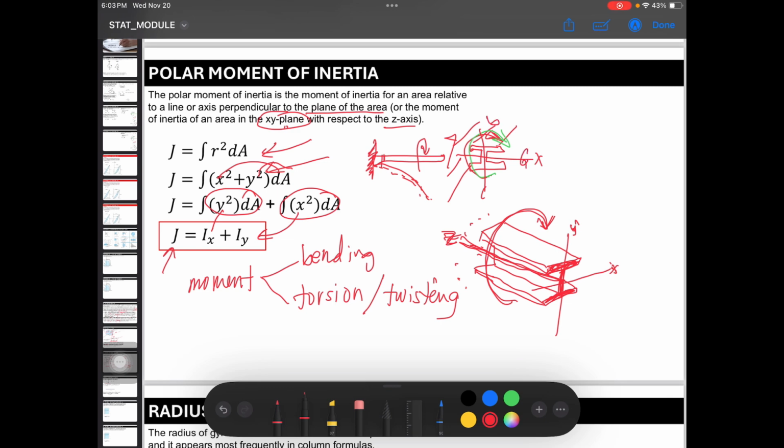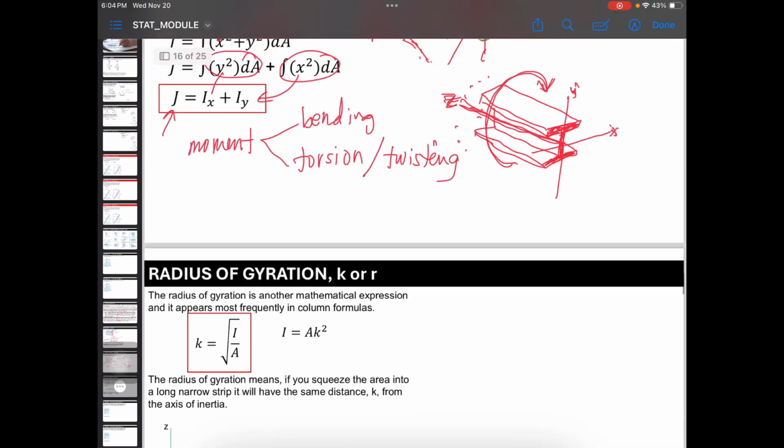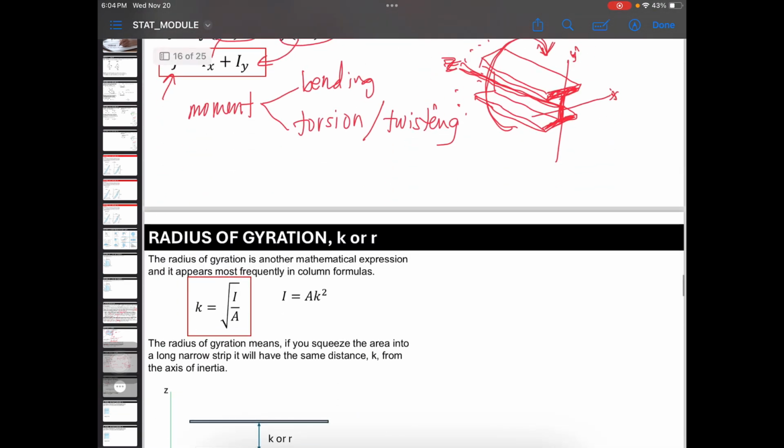Ito yung Ix mo. Iy yung sa y-axis. Pag i-bend yung y-axis. I-discuss further natin yung paano naman nangyayari, paano nire-resist ng Iy and Ix yung bending.